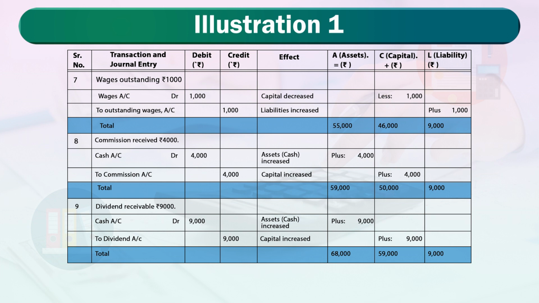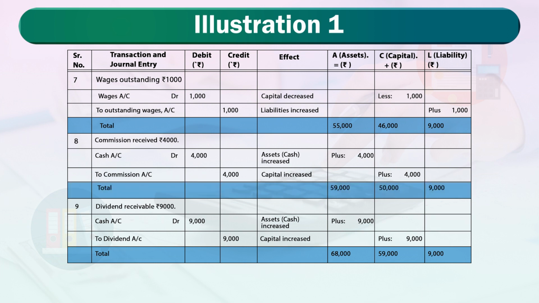I am repeating again, expenses are always deducted from the capital and income is always added to the capital. Here commission is our income, so we have added 4,000 to the capital. Now the accounting equation is 59,000 of assets equals 50,000 of capital and 9,000 of liability.